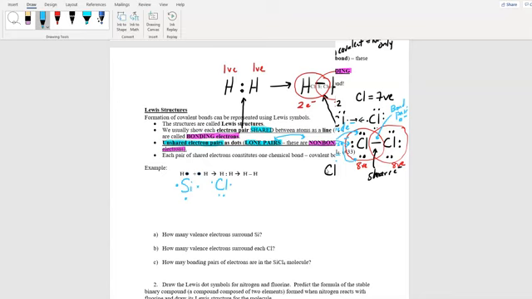Okay, so rule number 1. The first element is, I'm going to say the word usually, what's called the central atom. And I'm saying the word usually because sometimes we have molecules that start with hydrogen.